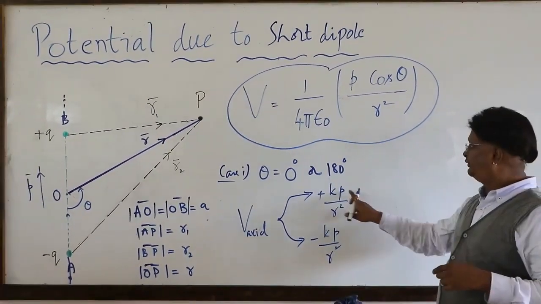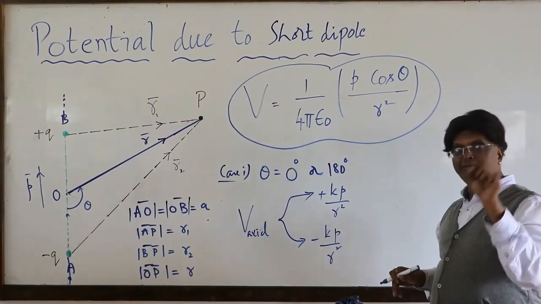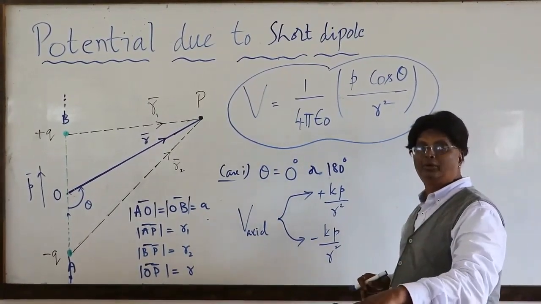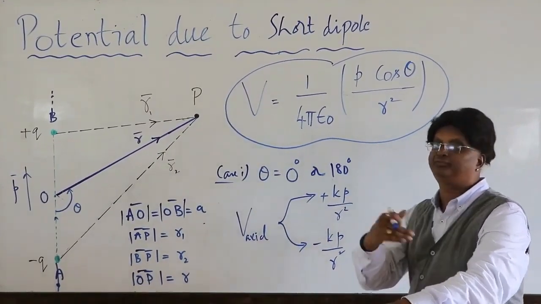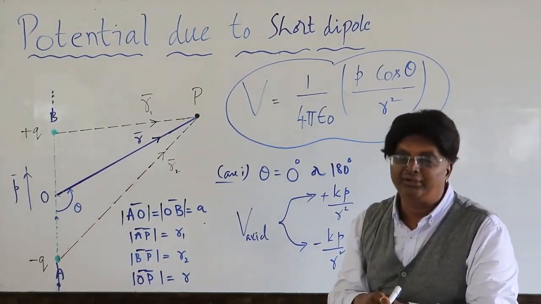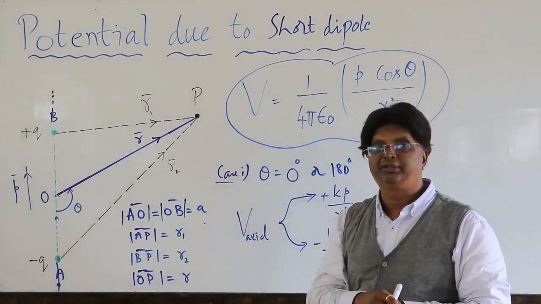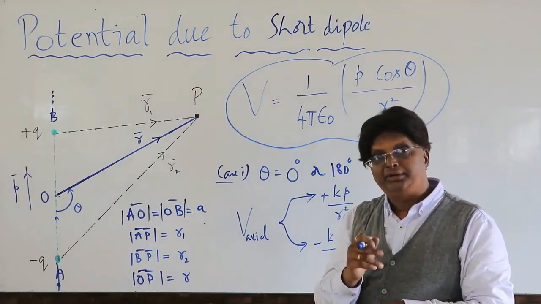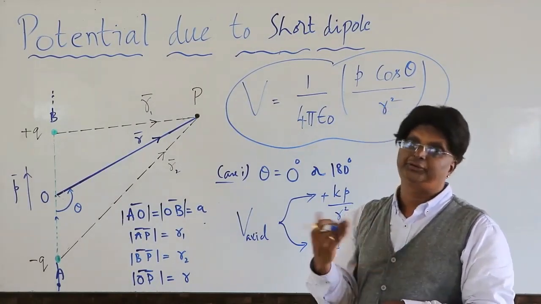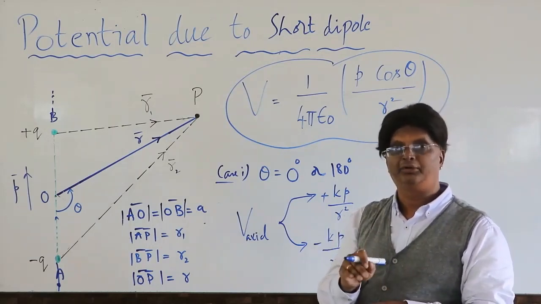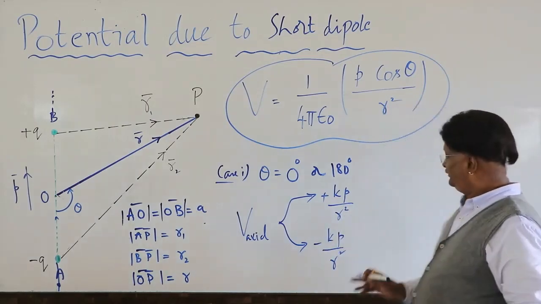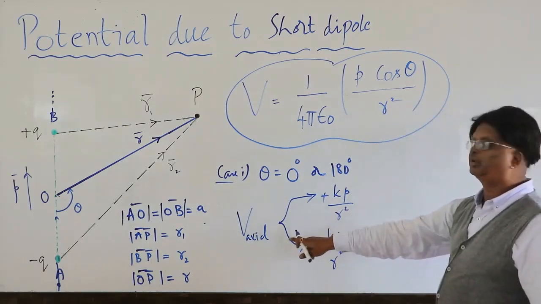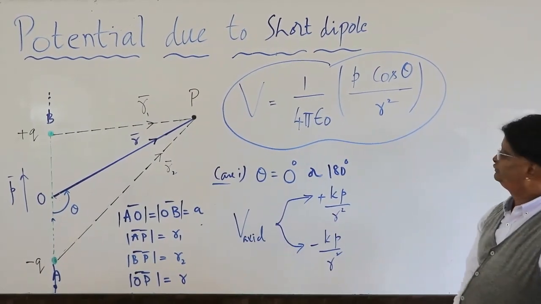So when do you get positive potential? If the given point is nearer to positive charge and farther to negative charge, at that point the net potential is positive. In the other case, the given point nearer to negative and farther to positive, the net potential at that point will be negative. Therefore, two cases are possible when you are writing V axial.